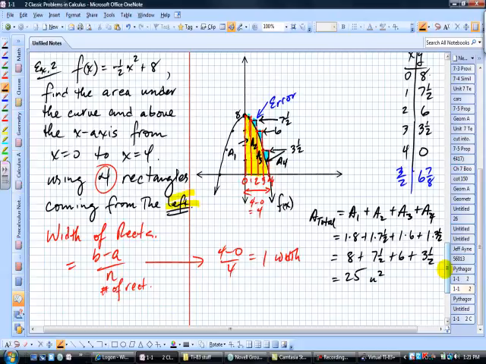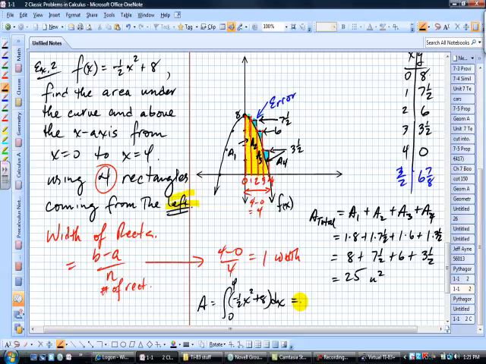And just so you know here, let's calculate the actual. In calculus, the area would be found by finding the integral from 0 to 4 of the function negative 1/2 x squared plus 8.